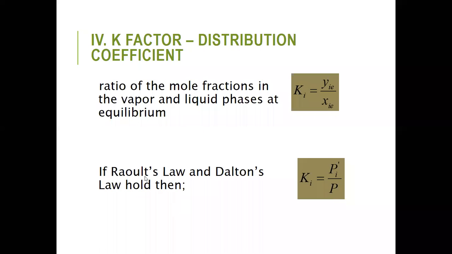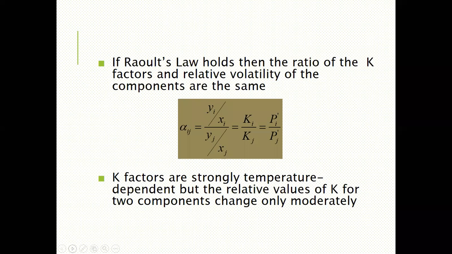However, your system has to be ideal, or Raoult's law has to be applicable for such a system. Otherwise, the first one is safer, and most of the time, that equation is often used.